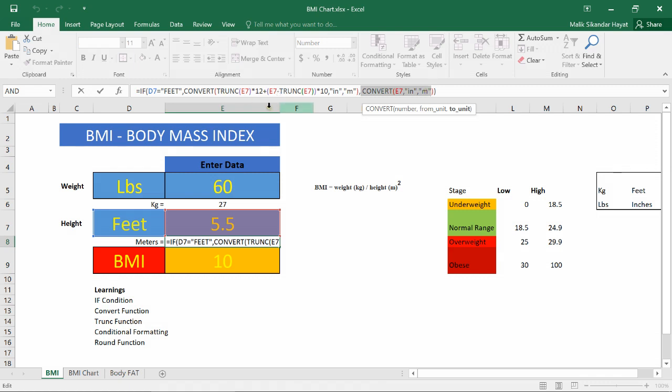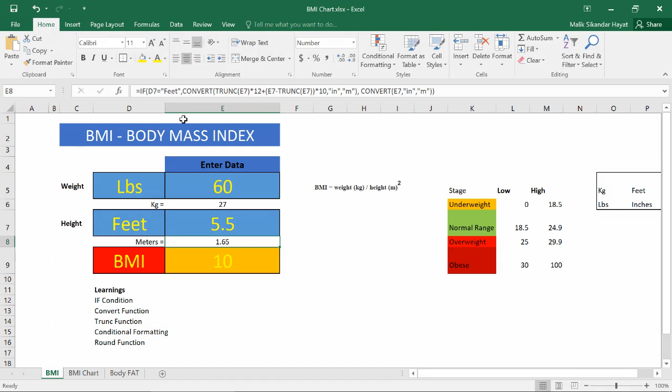Here I was not having a direct conversion. So let me check. Here I just use feet. Let me put the same. Okay, so if you see here, I'm getting this conversion over here.